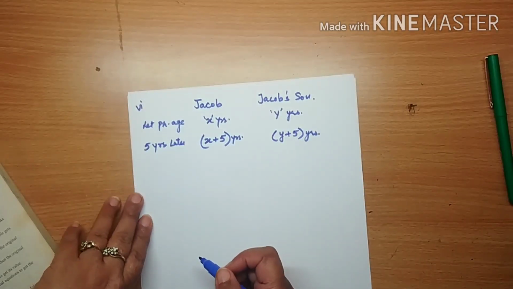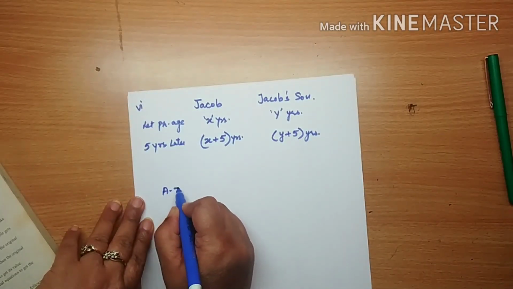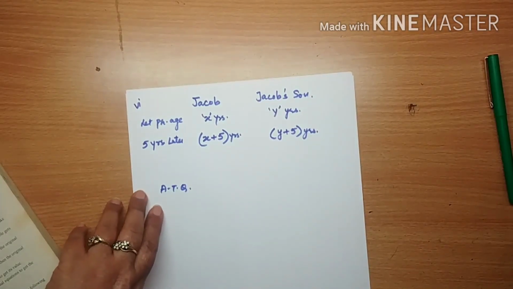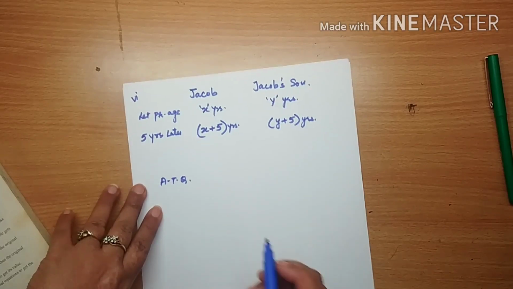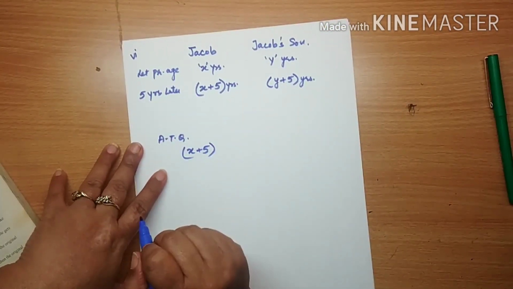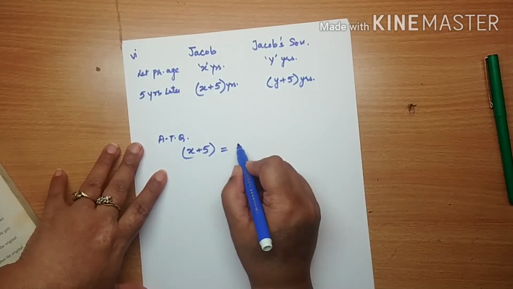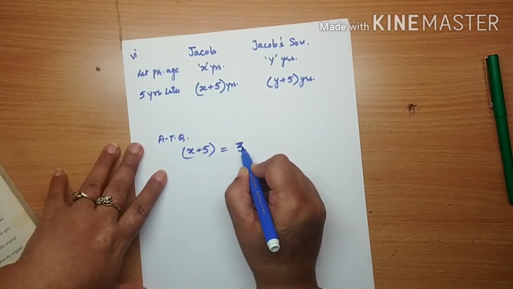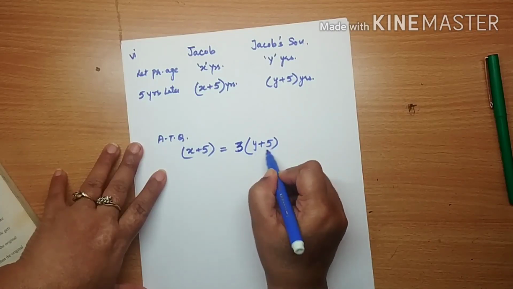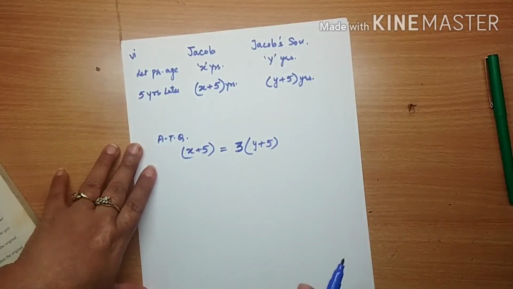Now according to the question, the relation is: 5 years hence the age of Jacob will be 3 times that of his son. Jacob's age after 5 years will be 3 times his son's age after 5 years.